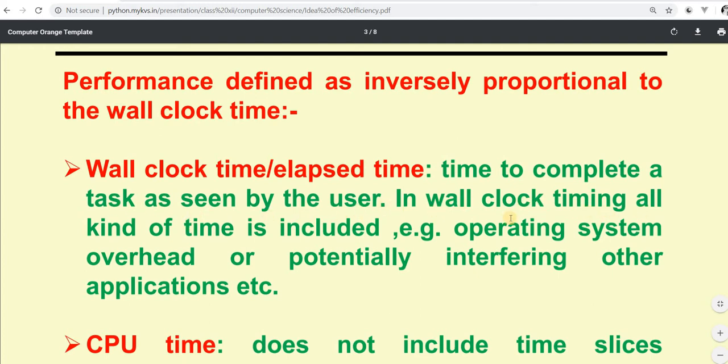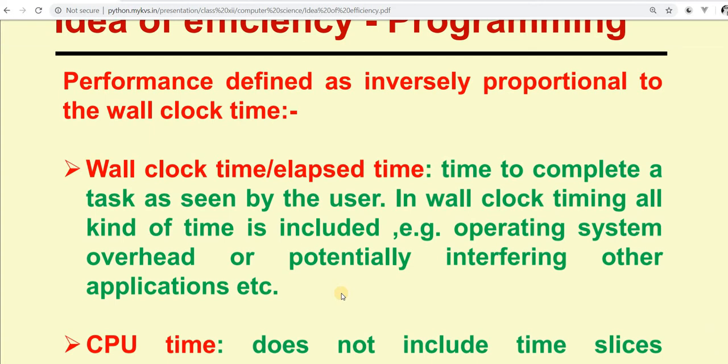In wall clock timing, all kinds of time are included: operating system overhead, potentially interfering applications, etc. So it is a unit that measures the time the user takes for a particular block of code or for using that code.